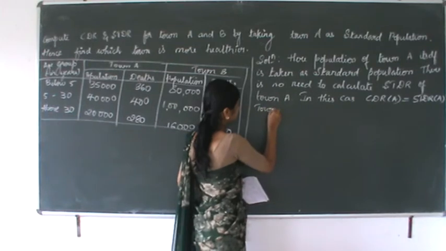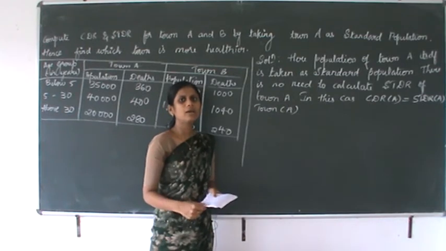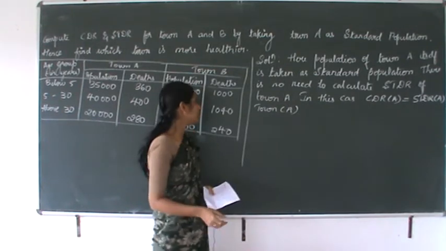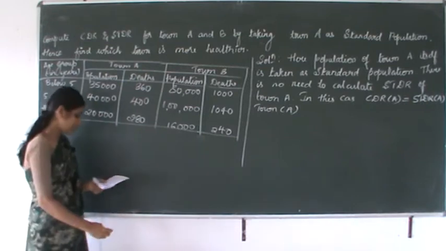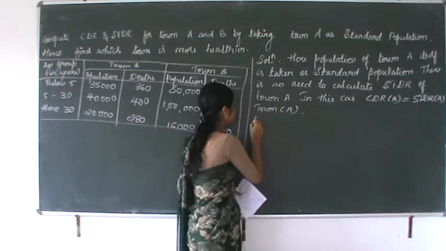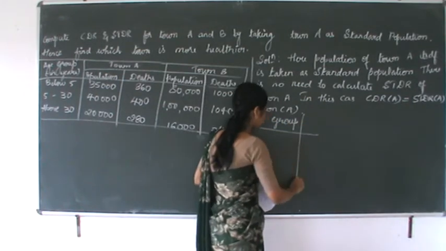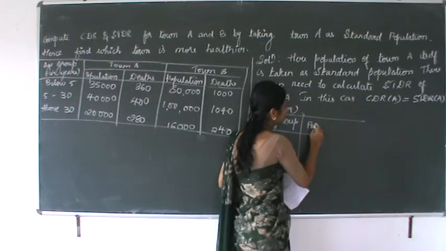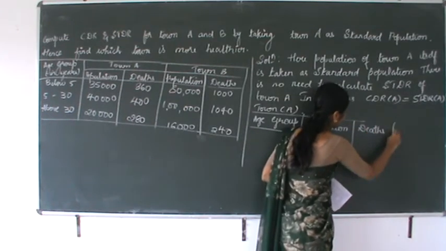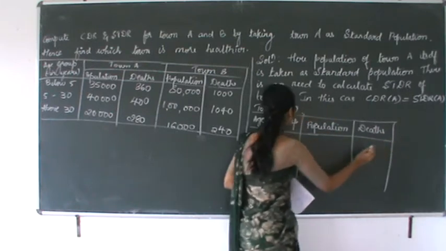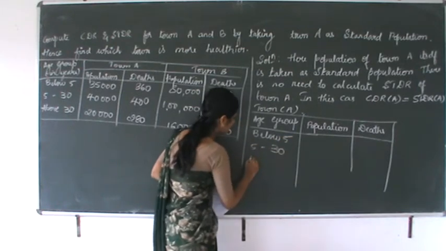So town A. As you all know, the CDR formula is deaths divided by population into 1000. So here only the information regarding deaths and population is required for the calculation of CDR. First we will write age group, then we need population of town A and deaths of town A. The age groups are below 5, 5 to 30 and above 30.